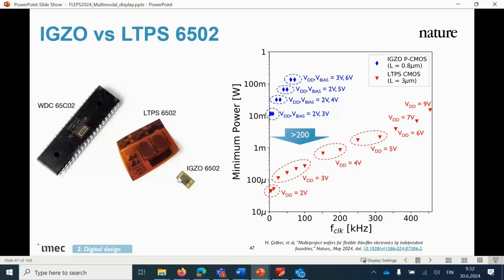You see also some pictures of the chips here. The LTPS actually are 2 processors here. You can see them here. Still, the size is a bit bigger because the node of the IGZO is lower. But the price that you pay is much larger in power and speed.